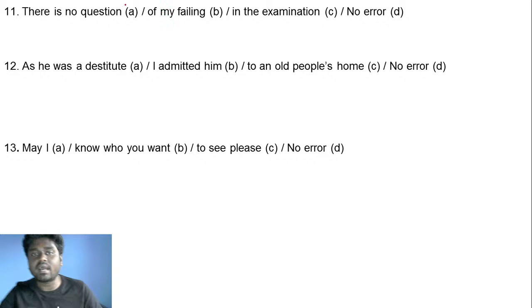Is that the right way? Actually, it starts with there is no question of my failing in the examination, which means the term my is appropriately placed. It should not be me. So this actually is the right way. It is option D. No error is the right answer for this.